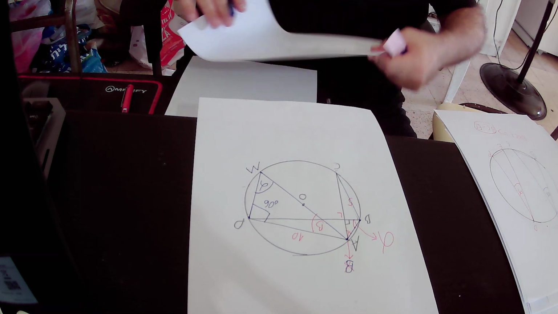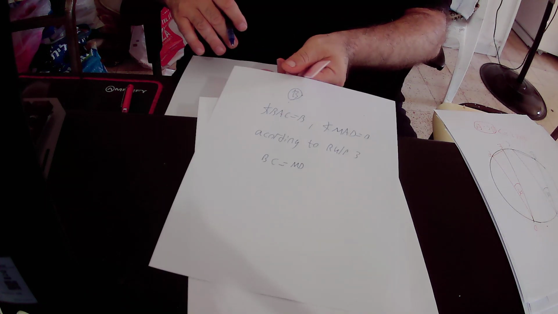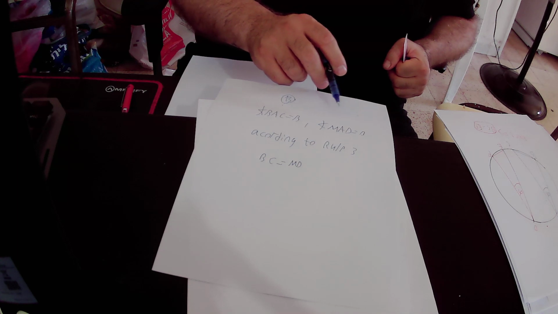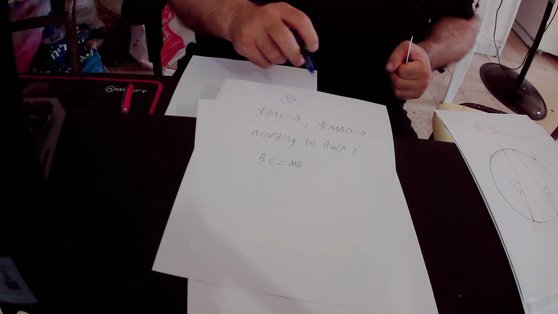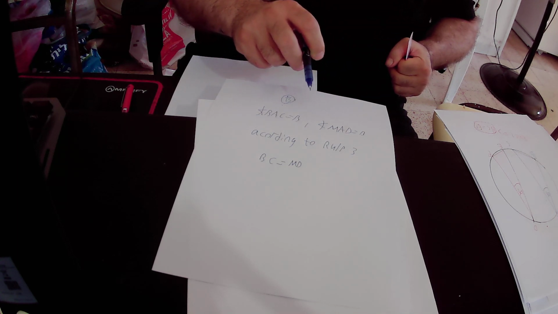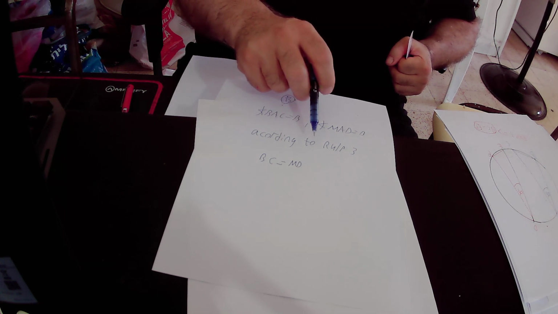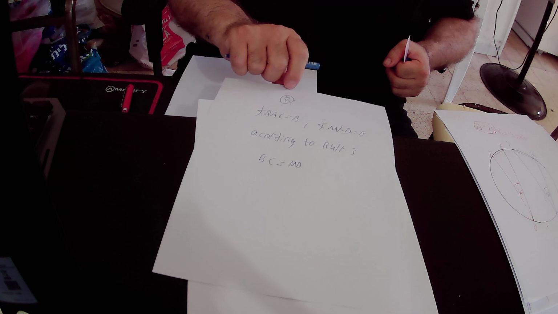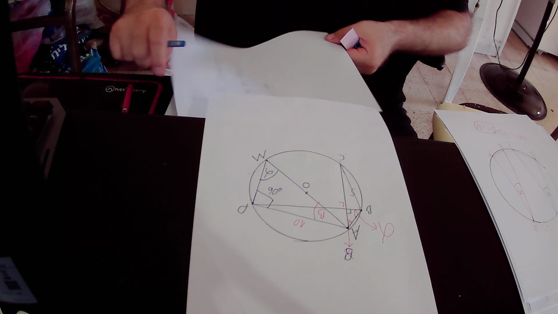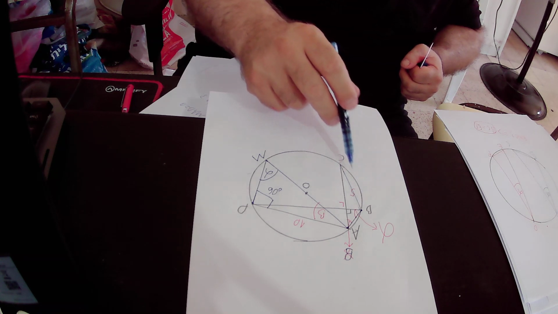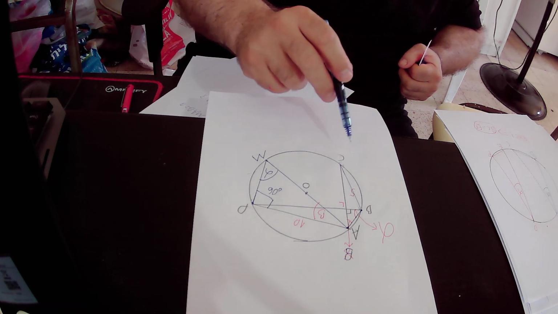Because angle BAC equals beta and also angle MAD equals beta, according to rule number 3, they both rest on the same chords. That is to say, BC equals MD.